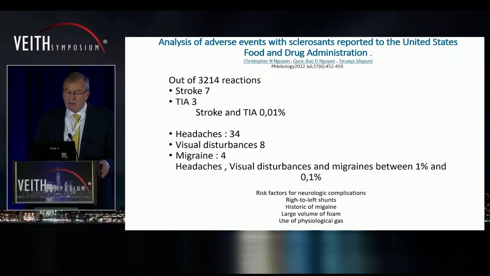But now in a study published in 2022 by Nguyen, out of 3,214 reactions, there were 7 strokes and 3 TIAs, 0.01%. Headaches 34, visual disturbance 8, migraine 4, between 1 and 0.1%.